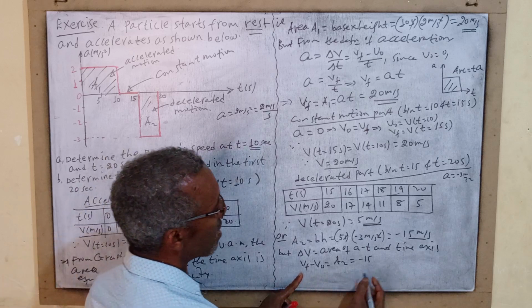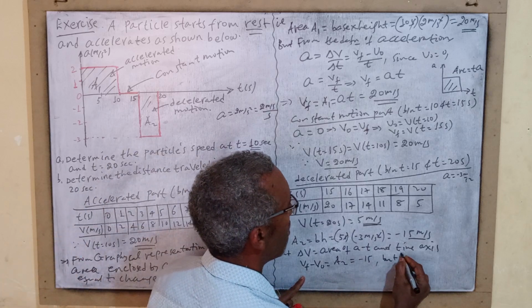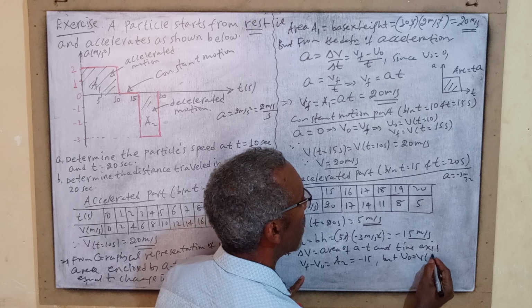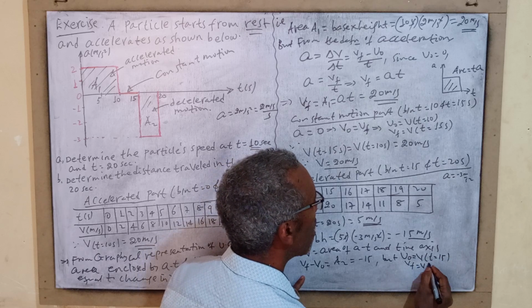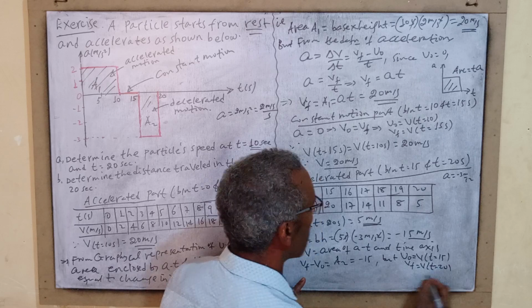But V naught is V at t equals 15 and V final is V at t equals 20.